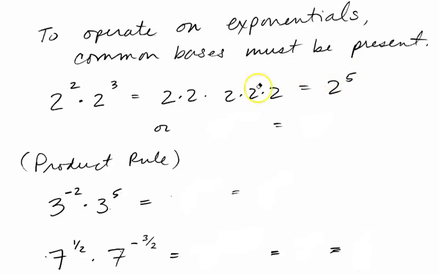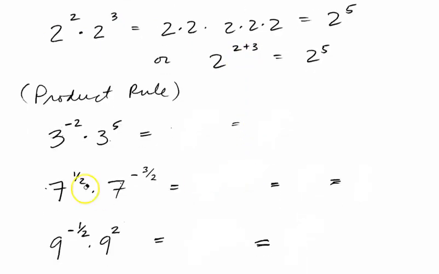The product rule tells us that when we multiply numbers that have the same base, we can just add the exponents, so that would just be 2 to the 2 plus 3 power. This is called the product rule.